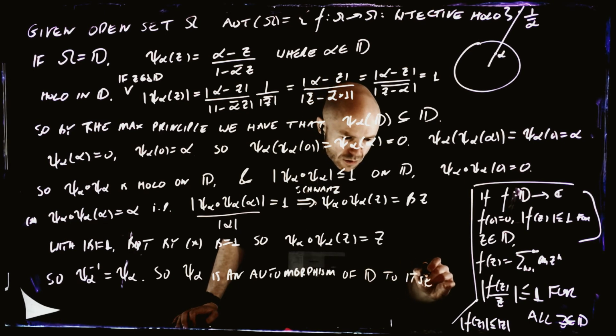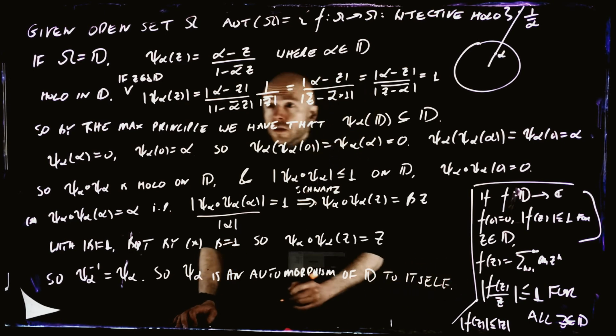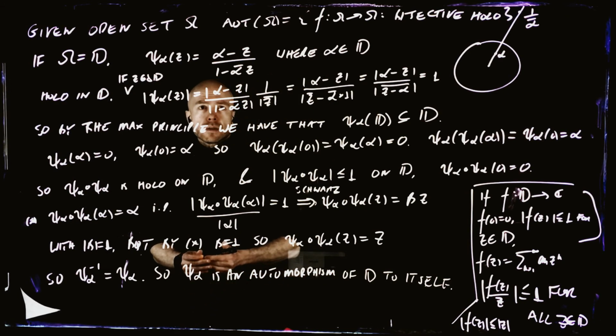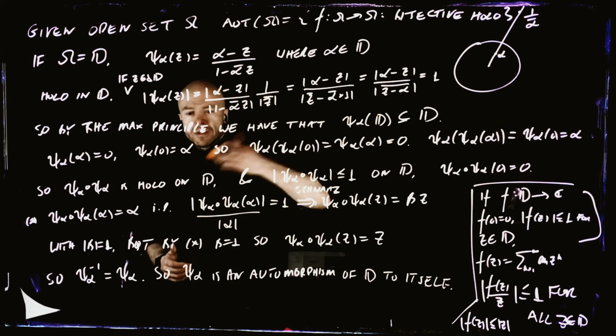Cool. So we have an explicit collection of examples of automorphisms from the disk to itself.